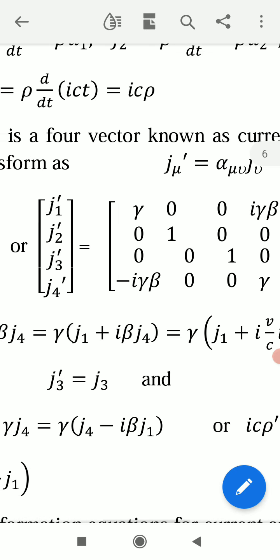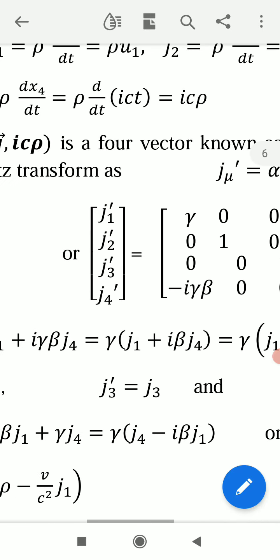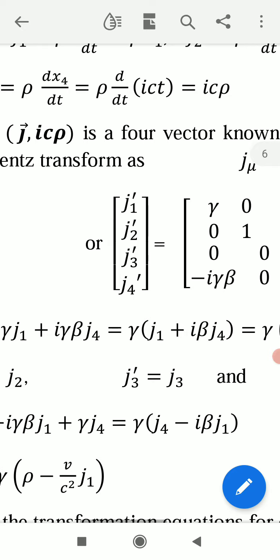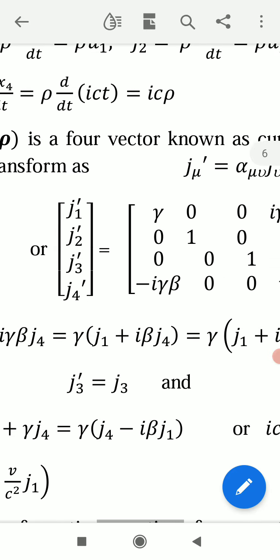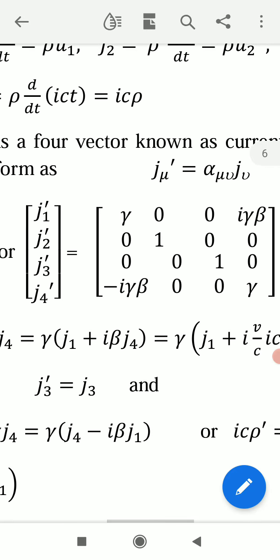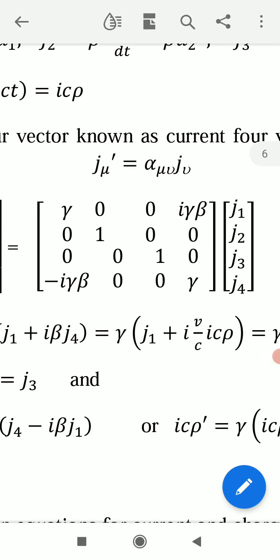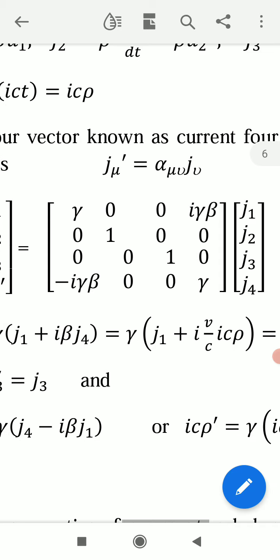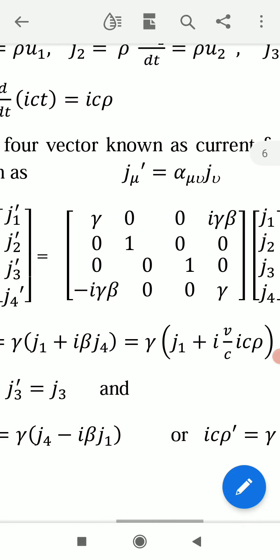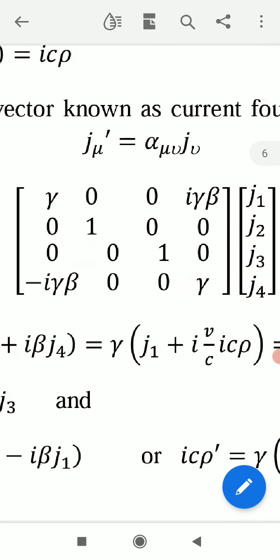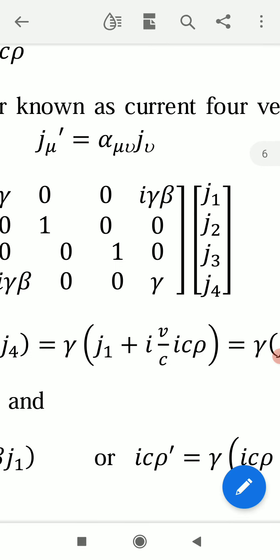From this relation, we can find the expressions for J1 dash, J2 dash, J3 dash and J4 dash. J1 dash from this equation will be equal to gamma J1 plus i gamma beta J4. Multiply the first row of this square matrix with this column.